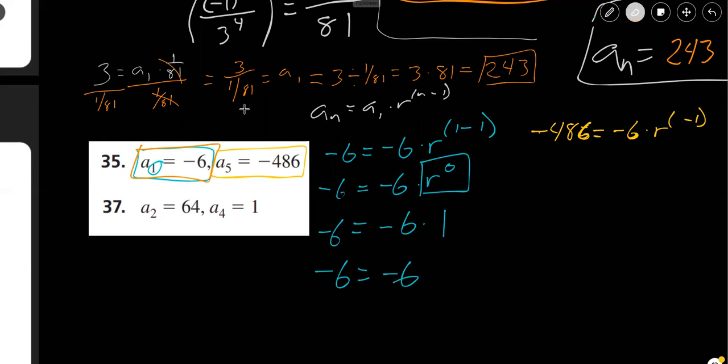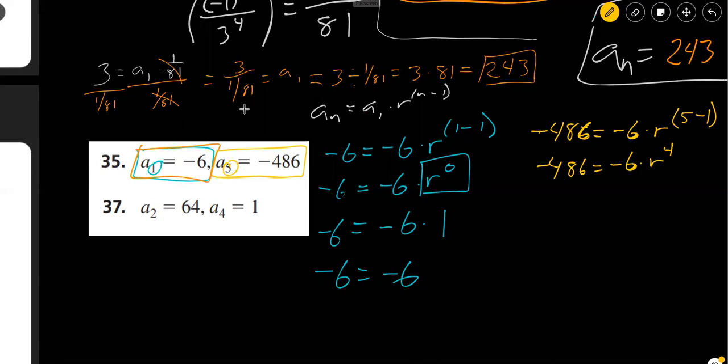Well, I know my n in this situation. My n is going to be 5, so to the 5 minus 1 power. So I really have -486 is equal to -6 times r to the 4th power.